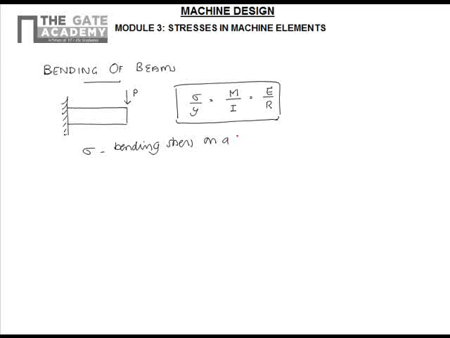on a fiber at a distance y from the neutral axis. M is the bending moment at that section.